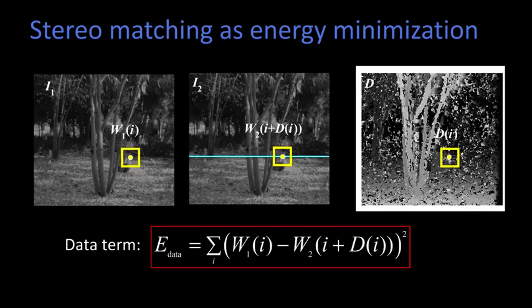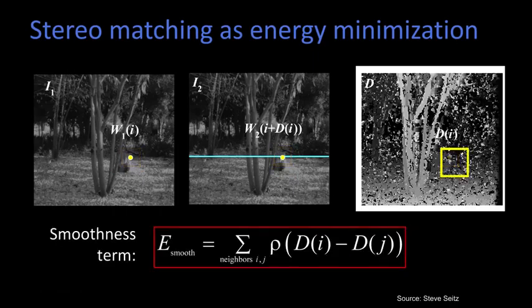And the data term just says that, summed over all the pixels, the window subtracted from the window on the other image, so this window minus that one, squared, should be as low as possible. So if we're going to do an energy minimization, our data term basically takes a look at the squared differences. That's similar to what we were doing before. So one way of thinking about it is when we were doing correspondence through dense search, we were only looking at the data term. The second term is called the smoothness term.